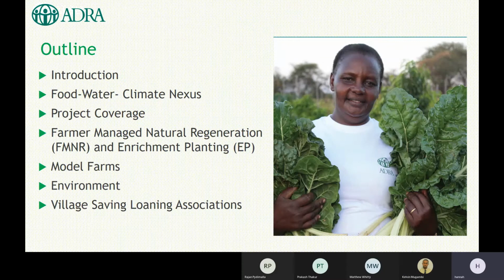We are going to look at the food, water, and climate nexus, and the project recovery, and also the concept of farmer-managed natural regeneration groups and enrichment planting strategy. We will also look at model farms, the environment, and the use of village savings and loaning associations as a pathway for economic growth for the communities.